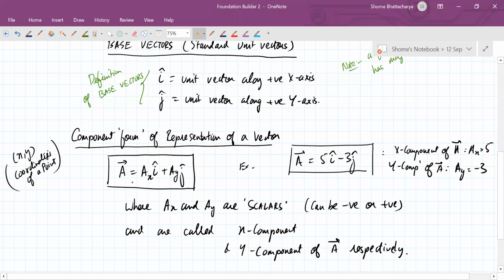Like that, ax and ay are the components of a vector. Just like coordinates can be negative or positive, components can also be negative or positive. So just note down this definition first. Then I'll explain to you how to draw the vector in terms of its components. Then it will make more sense.